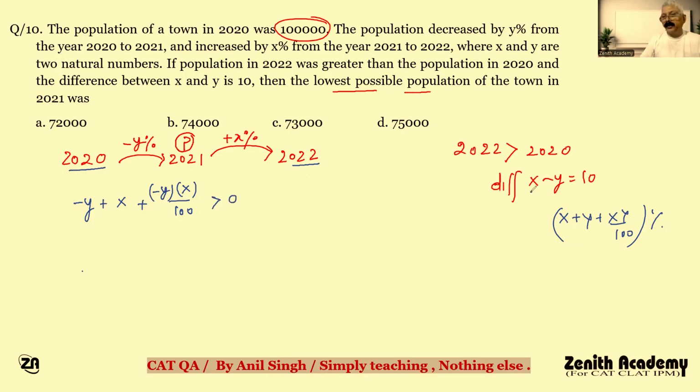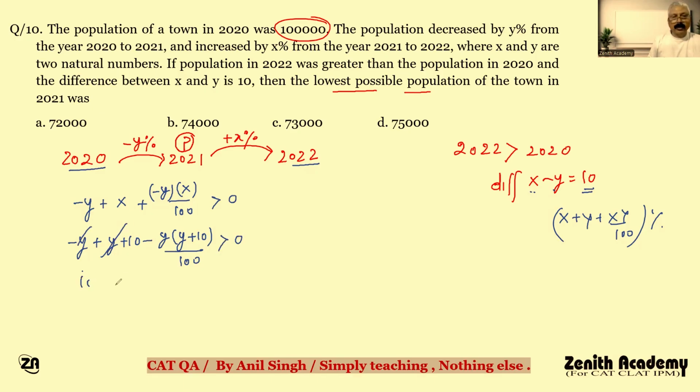Now it is given that the difference of X and Y is 10. So definitely X will be Y plus 10. So minus Y, plus Y plus 10, and here minus into plus is minus, so I'm taking minus, Y into Y plus 10 upon 100 greater than 0. This Y and Y cancel.